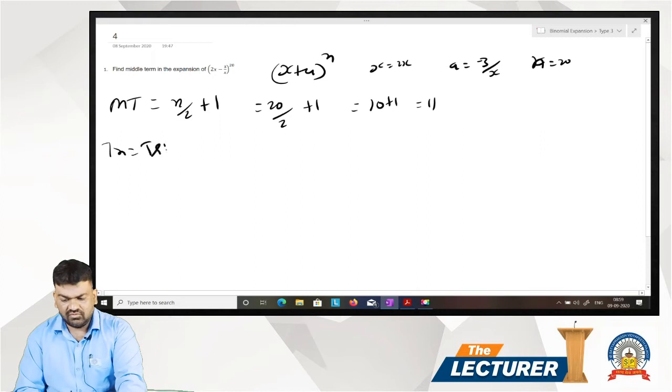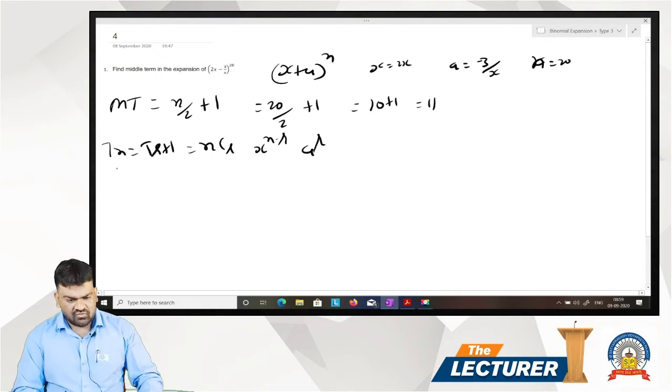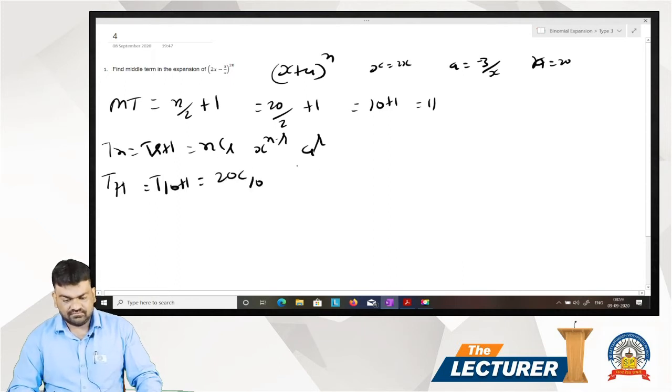Tn is equal to T(r+1) = nCr x raised to n minus r, a raised to r. T11 is equal to T(10+1), that is 20C10, x means 2x raised to 20 minus 10, a is minus 3 by x raised to 10.